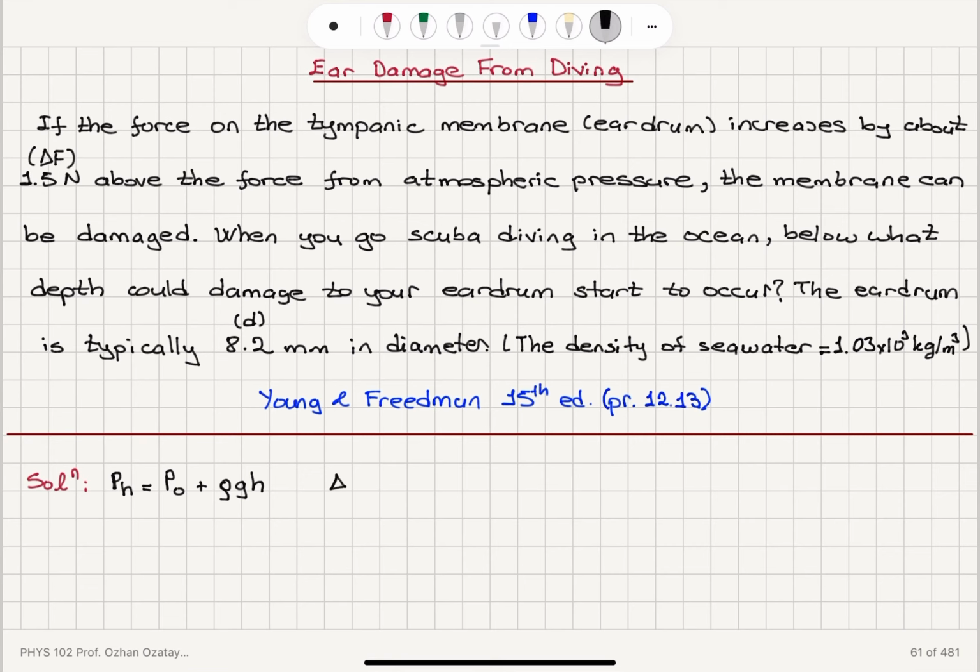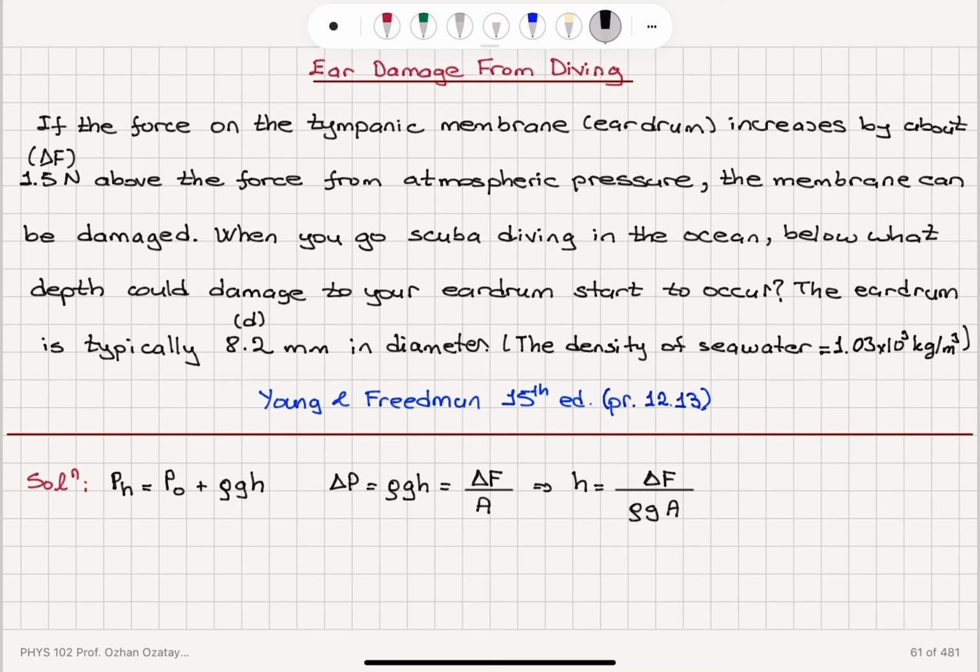So ΔP, the gauge pressure, is ρgh, which is equal to ΔF, the additional force per area, and this tells us that the depth is related to ΔF as ΔF divided by ρgA.